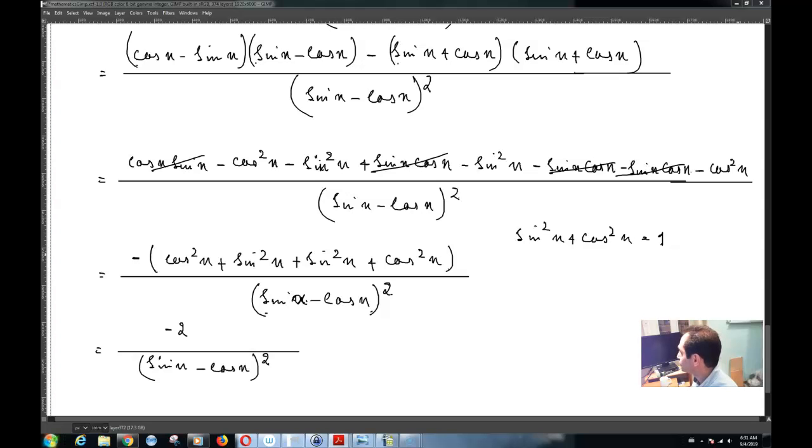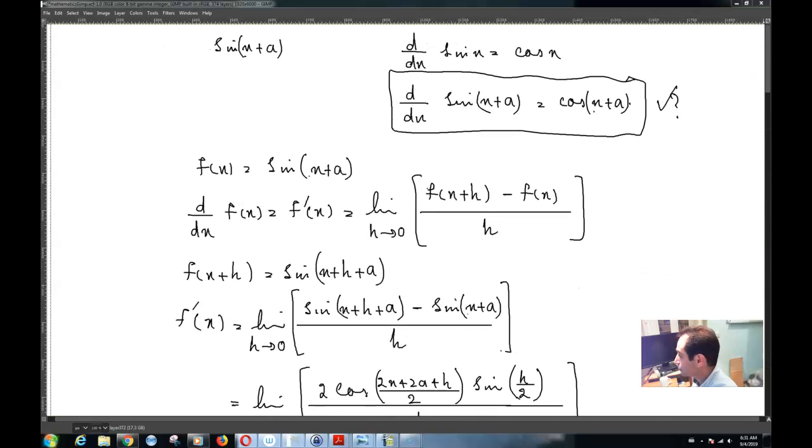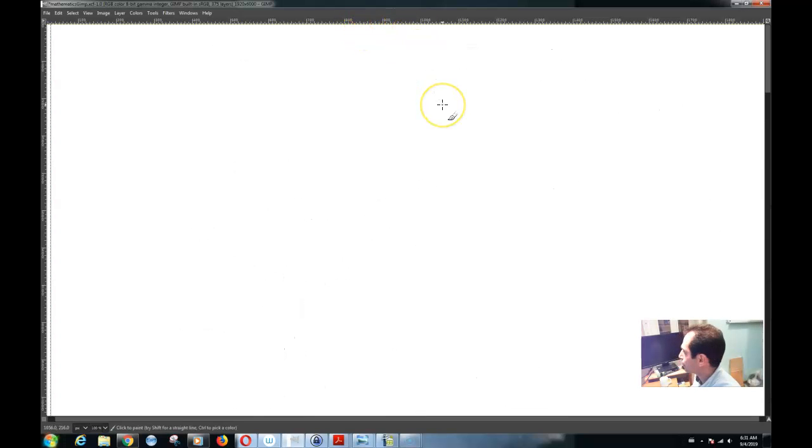And number 18 is d by dx of secant x minus 1 over secant x plus 1. Okay.